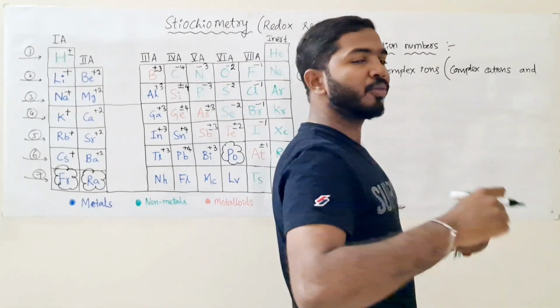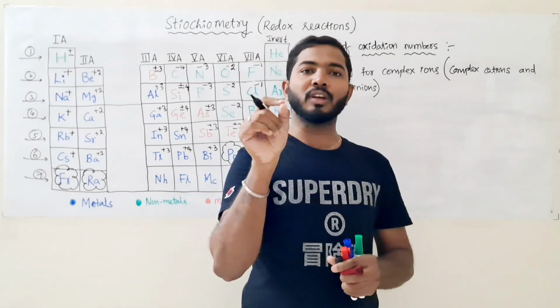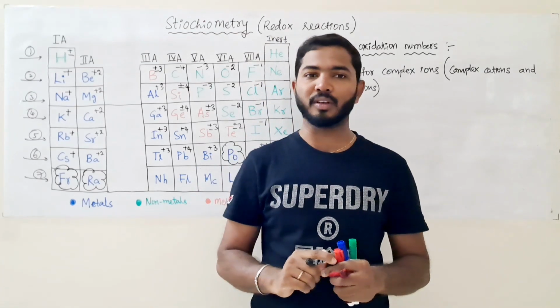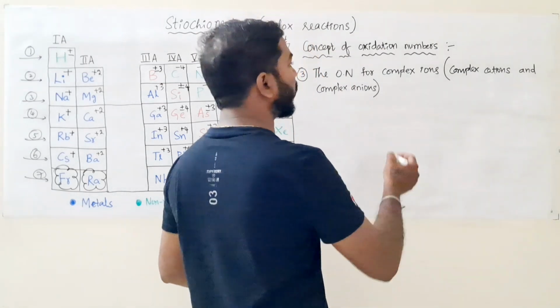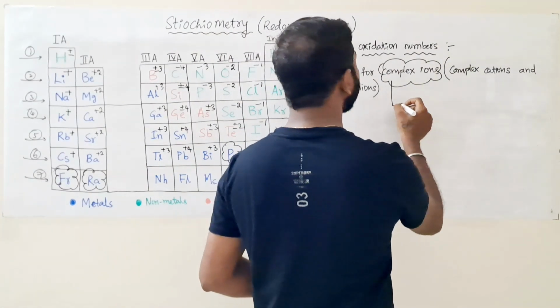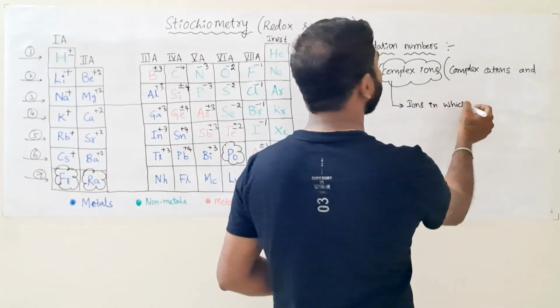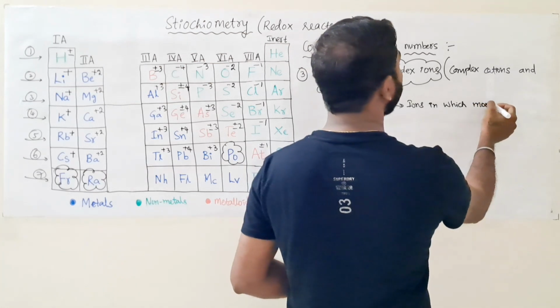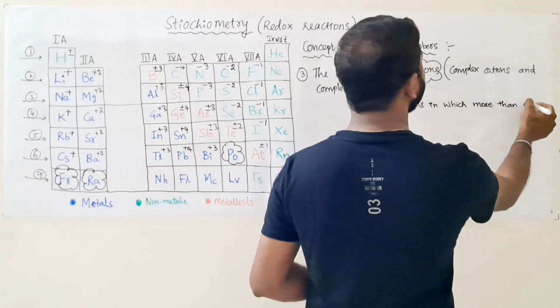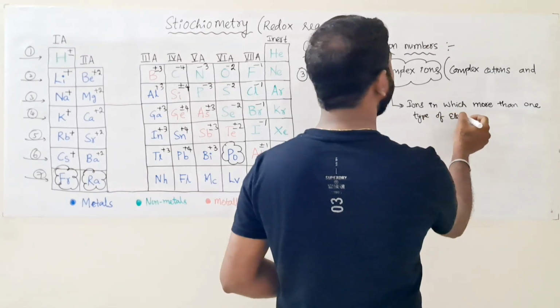Complex means, for simple cations and simple anions we have discussed that they are ions in which only one type of element is present. When it comes to complex ions, they are ions in which more than one type of element is present.